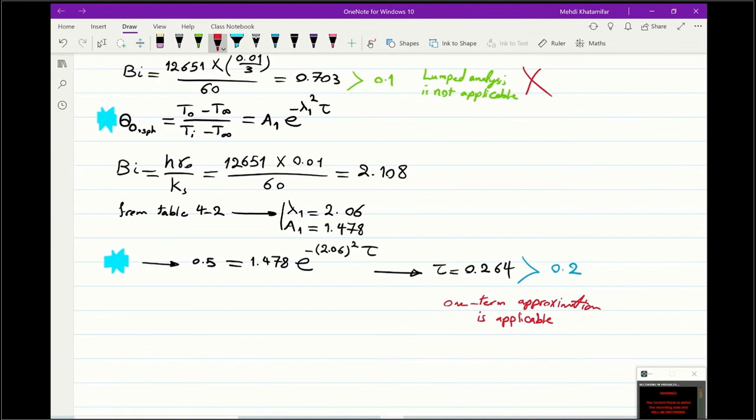Now let's write down the formula for tau, which is the Fourier number. It's time times alpha divided by r squared. So let's plug in these numbers. I'm looking for the time, which is going to be tau r squared divided by alpha. If you plug in the numbers, again alpha is going to be for the solid, be careful, it's going to be 0.15 second.